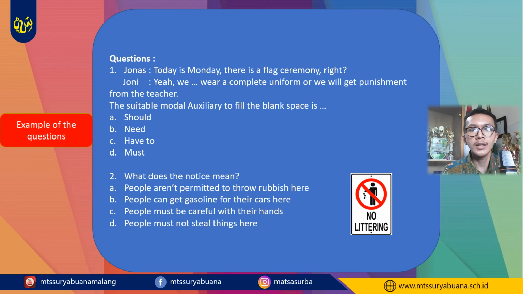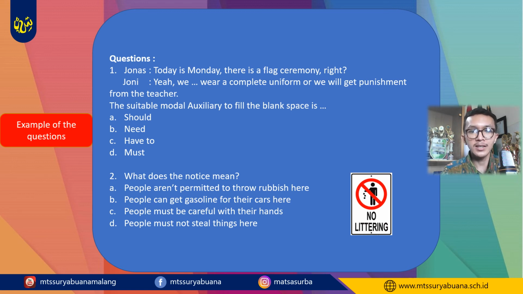A. Should. B. Need. C. Have to. D. Must. Before you choose the option, you should read the sentence once more. We blah blah blah wear a complete uniform or we will get punishment from the teacher. Okay, please think about that.